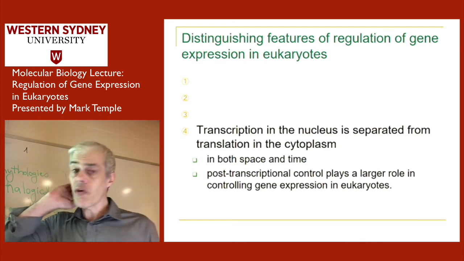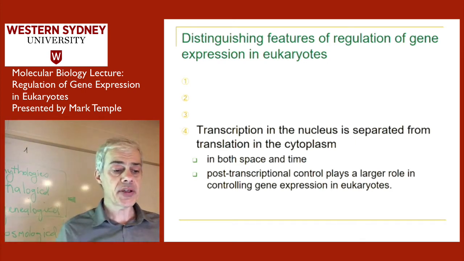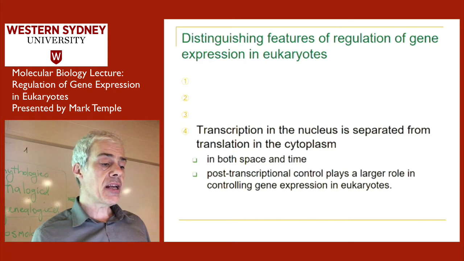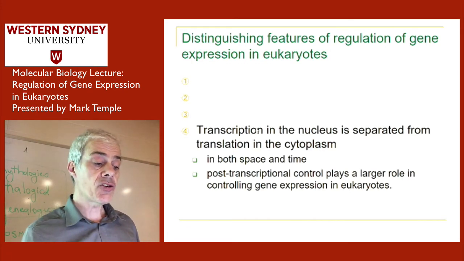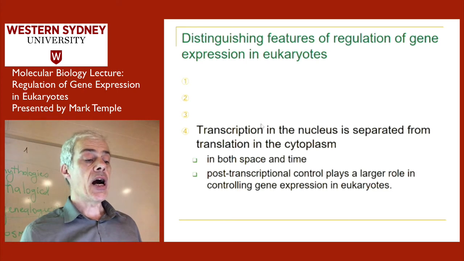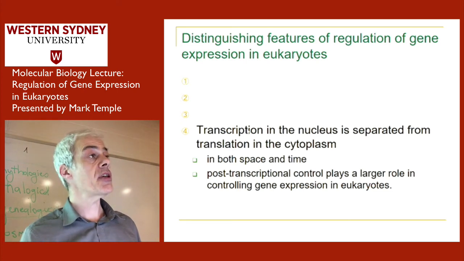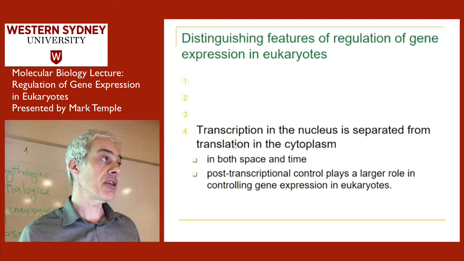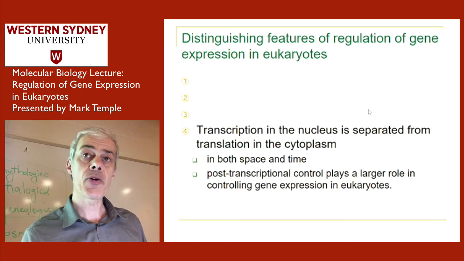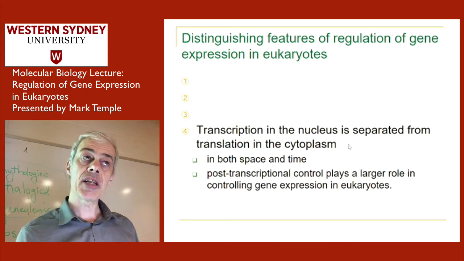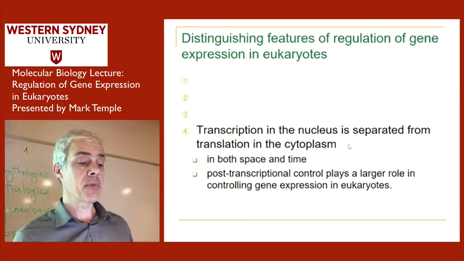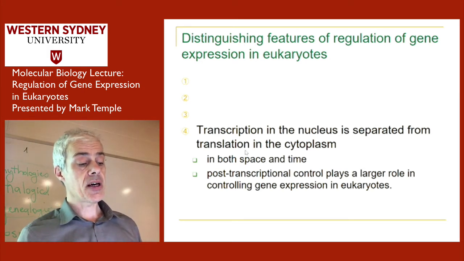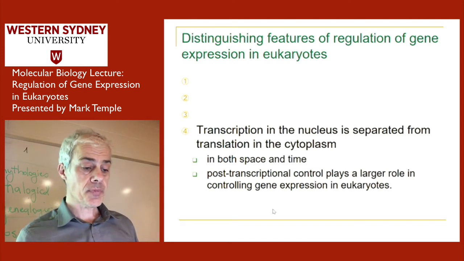A point I've already mentioned, so there's no need to really go into this again, is the fact that in eukaryotes we have a separation of transcription and translation, because we have a nucleus. Transcription occurs in the nucleus and translation occurs in the cytoplasm, whereas in prokaryotes transcription and translation are coupled and can happen simultaneously. So we have this separation in space and time in eukaryotes.